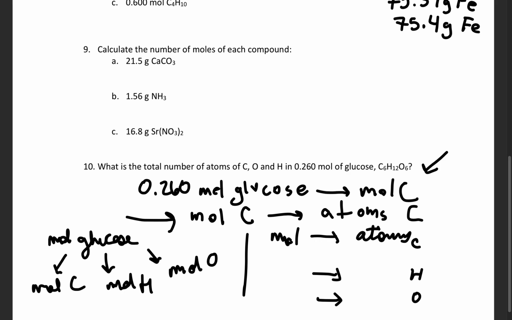Or you can do it in one step. You can go straight from moles of glucose into moles of carbon, straight into atoms of carbon. So there's 2 different ways you can do it.